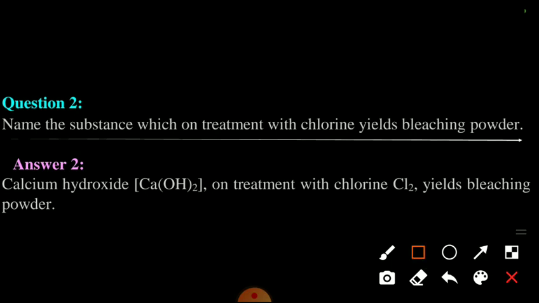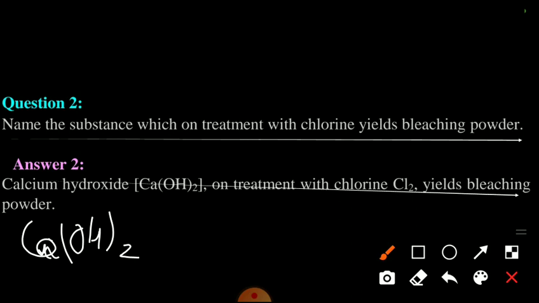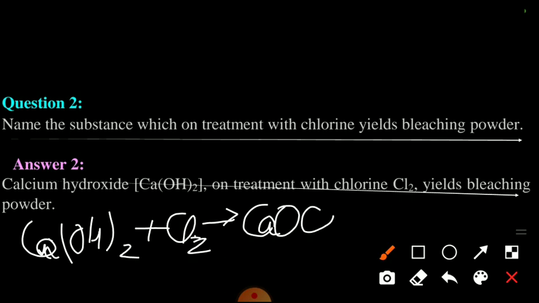So here the correct answer is calcium hydroxide, Ca(OH)2, which on treatment with chlorine yields bleaching powder. Here also we can give the equation: Ca(OH)2 reacts with chlorine Cl2, it will form CaOCl2 plus water H2O.